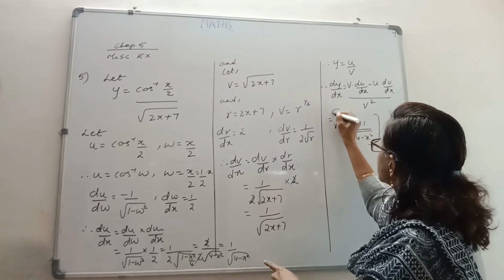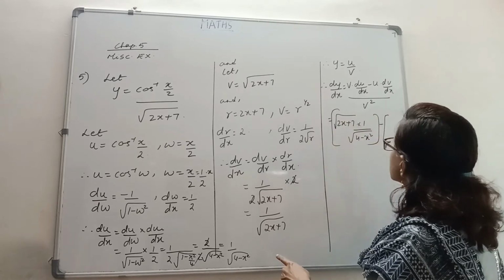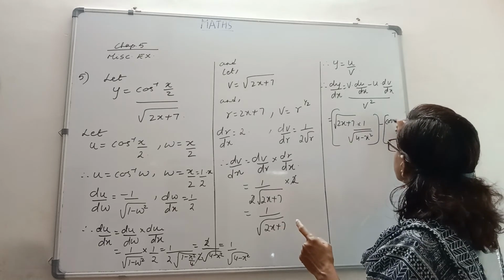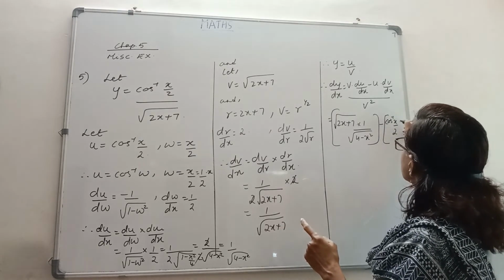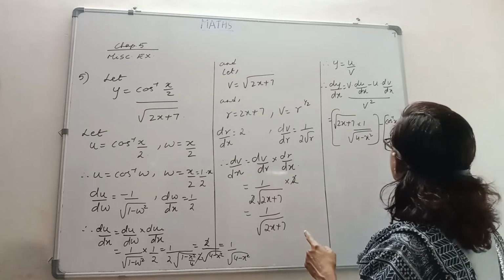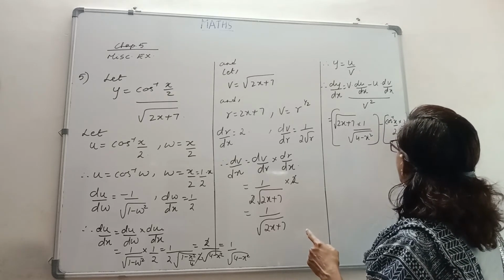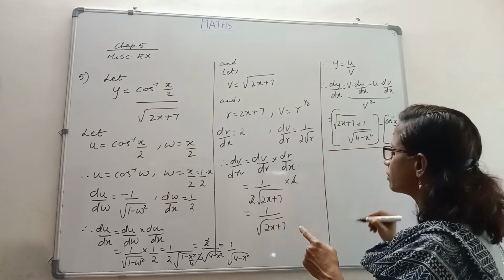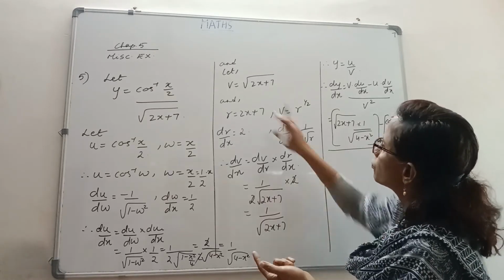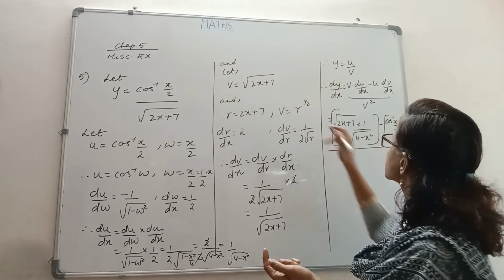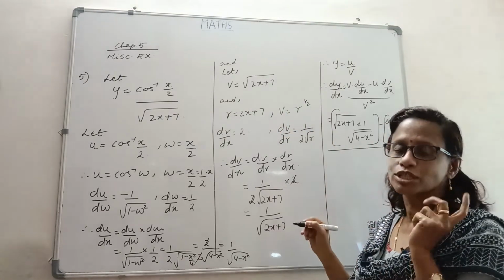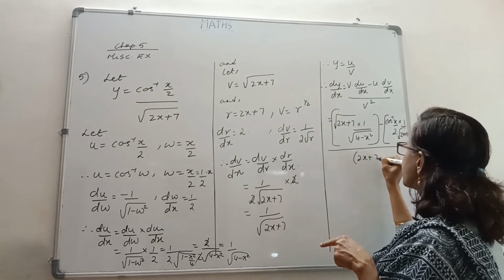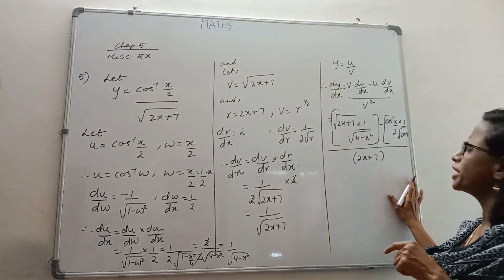This is our first term. Our second term is u, which is cos inverse of x by 2, into dv by dx, which is 1 by root of 2x plus 7. Overall, the derivative over v squared, v for us is root of 2x plus 7 the whole square. Because the root and square are there, we can write this as 2x plus 7. So this is going to be your derivative.